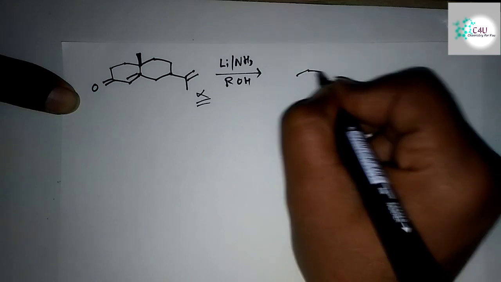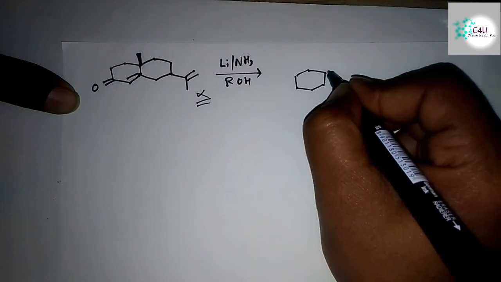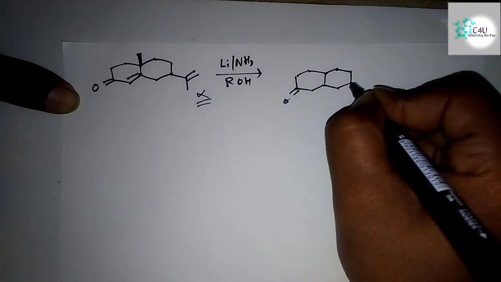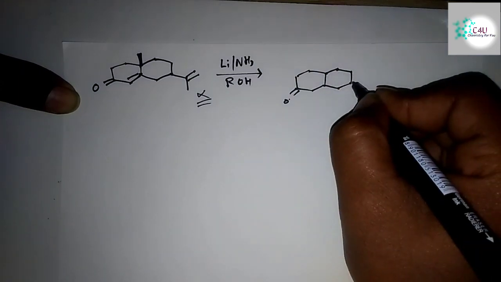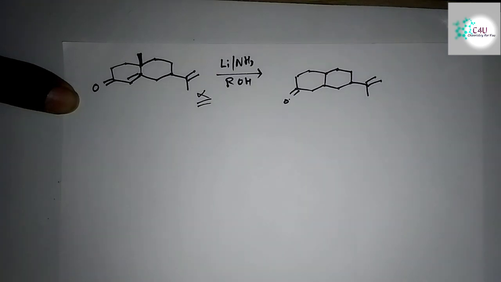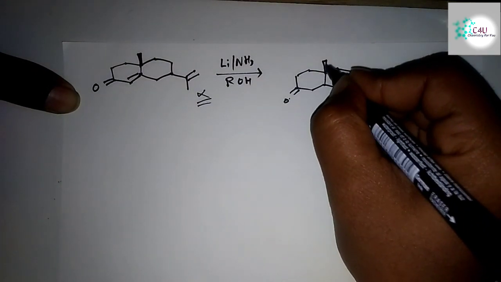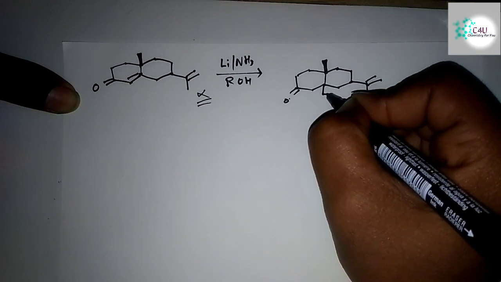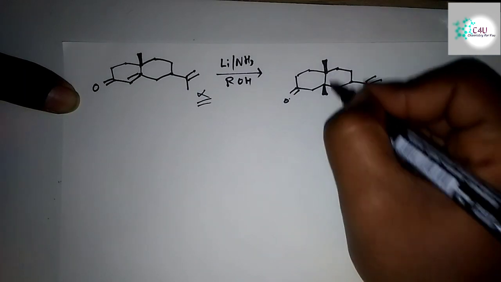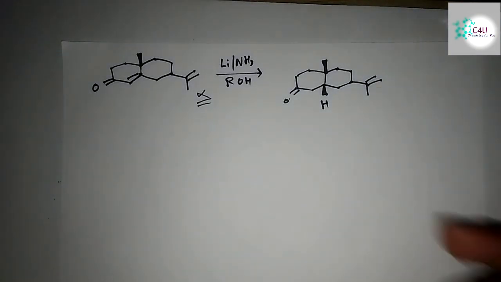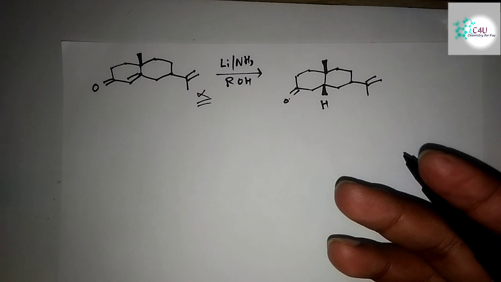So finally, we are getting this compound. And now, the stereochemistry of the incoming hydrogen will be the same as in the opposite methyl group. So this would be the product. This problem is from CSIR NET examination again.